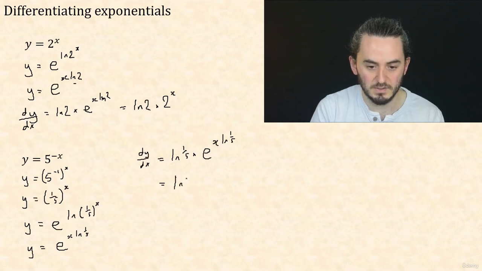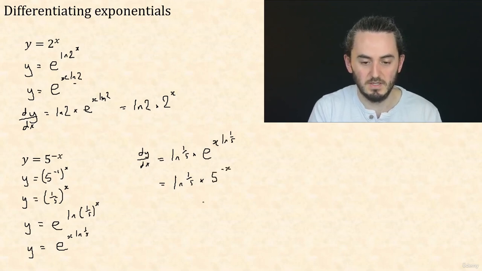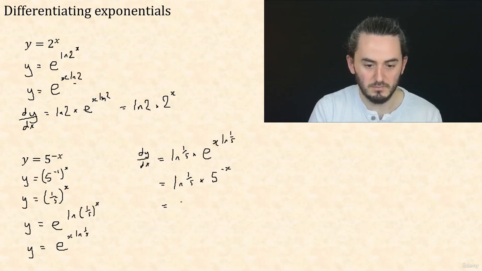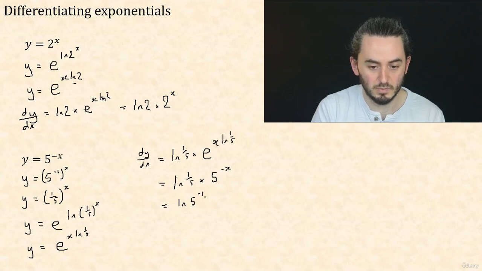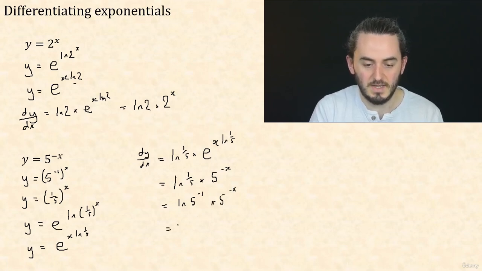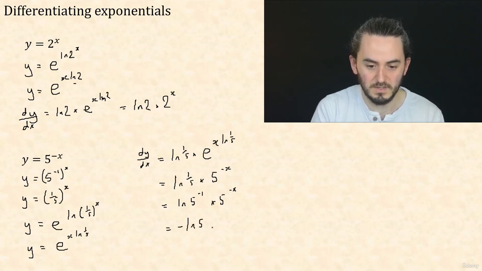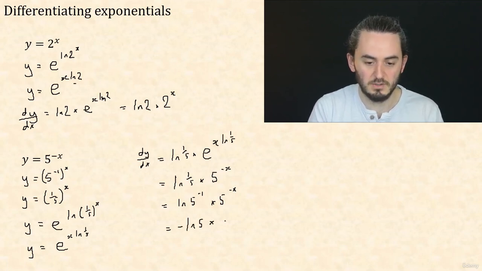So what I have is ln of 1/5 multiplied by 5 to the minus x. Now if we really wanted, we could spot that ln of 1/5 is the same as ln of 5 to the minus 1, and that's still times 5 to the minus x, and that, using my log rule, is just minus ln 5 times 5 to the minus x.